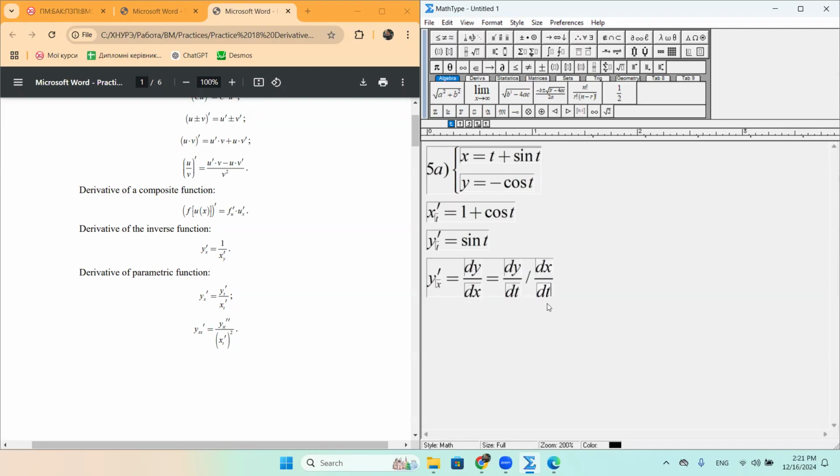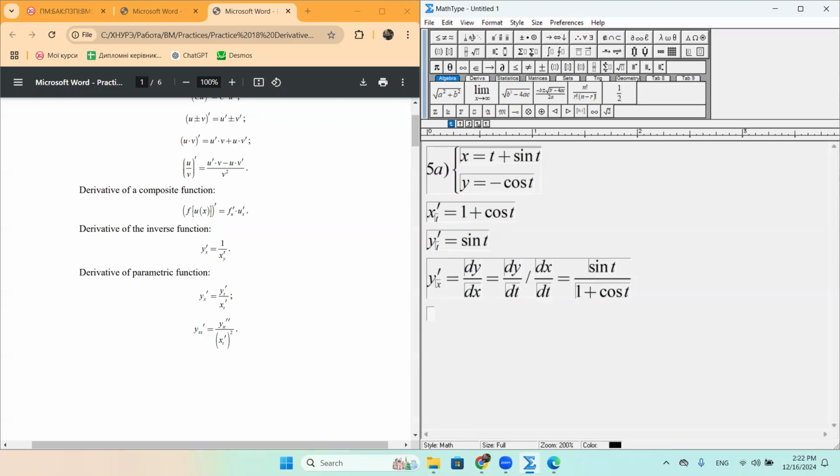So just how do we receive this formula? That's just a reminder. And how does it look like? So sine of t divided by 1 plus cosine of t. And the first derivative is found. What about the second derivative?